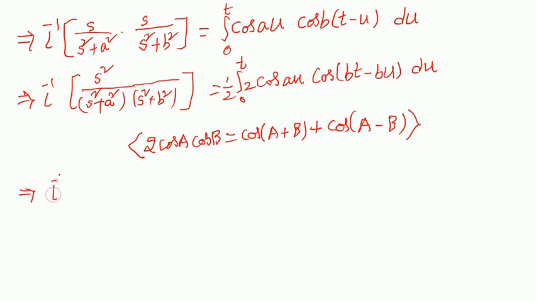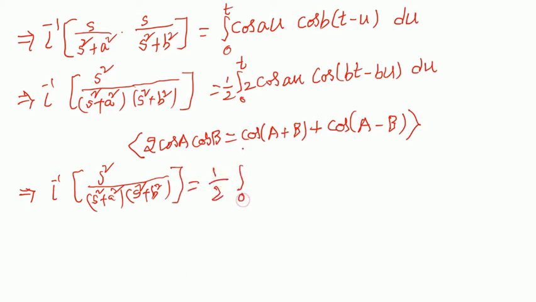So this implies L inverse of s square by s square plus a square into s square plus b square equal to 1 by 2 into integral 0 to t cos of a plus b. Cos of a plus b means cos of au plus bt minus bu, right now, plus cos of a minus b.